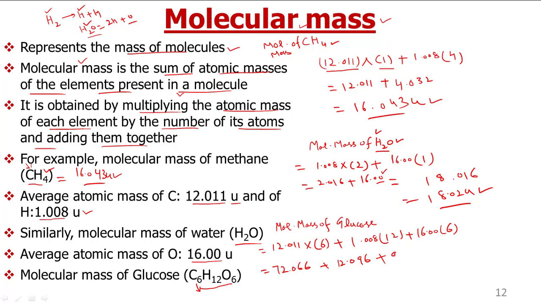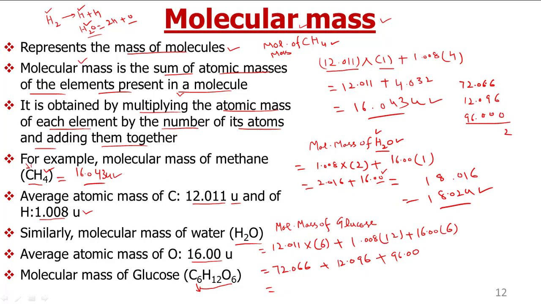Plus 6 into 16 is 96.00. So now we have to add all these values. I will add it here: 72.066, 12.096 and 96.00. So it is 6 plus 6, 12.